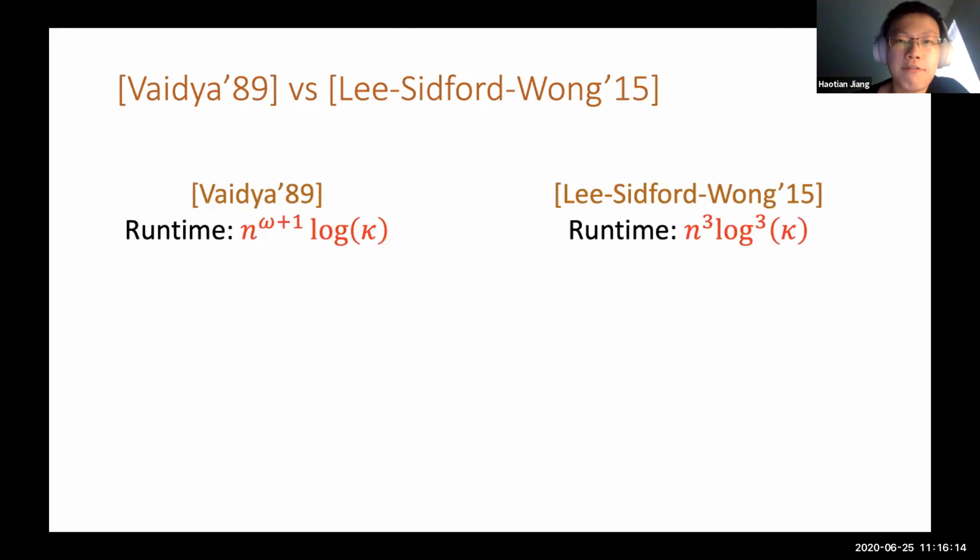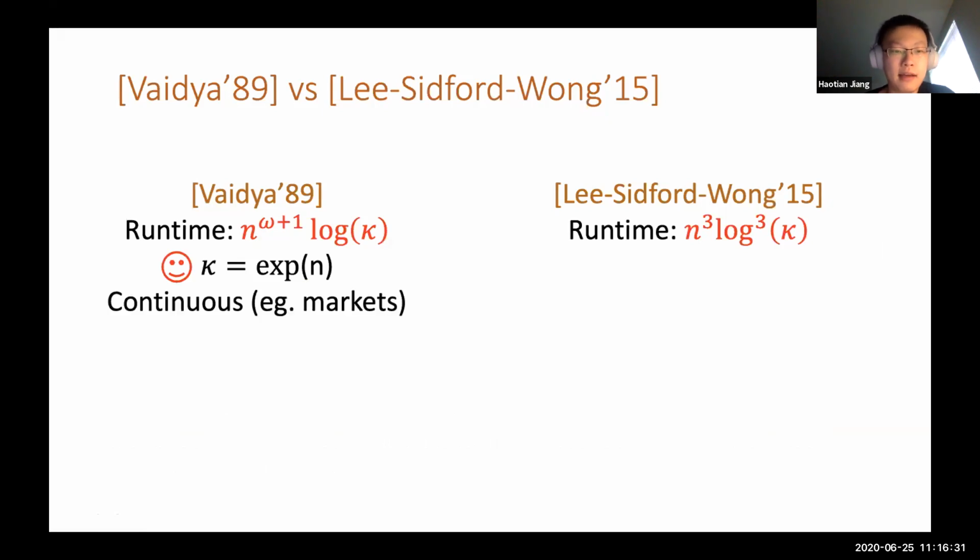So let's only focus on the running time. In particular, Vaidya's algorithm has a runtime of n^(omega+1) log kappa, and Lee-Sidford-Wong has a runtime of n^3 log^O(1) kappa. When kappa is exponential in n, Vaidya's algorithm is better. This corresponds in particular to continuous settings such as computing market equilibrium, where you really need to take the error parameter epsilon to be exponentially small.